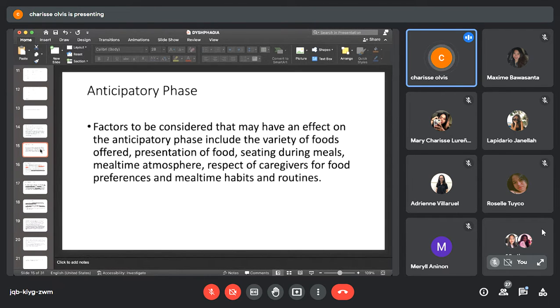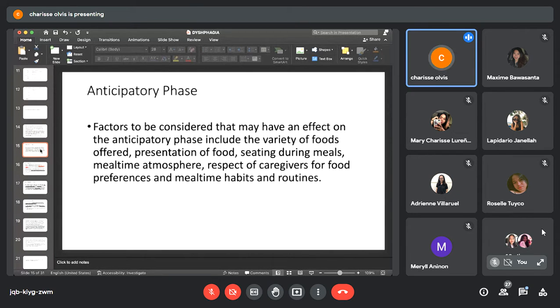And during this stage, there are still a lot of factors to be considered. Such as the variety of foods, the presentation, the seating during meals, the atmosphere, the caregivers, if their presence needs to be there, and then their habits or routines.